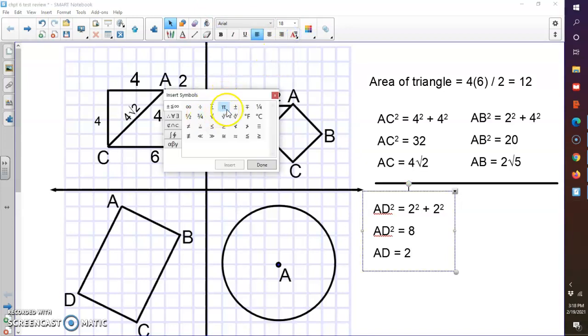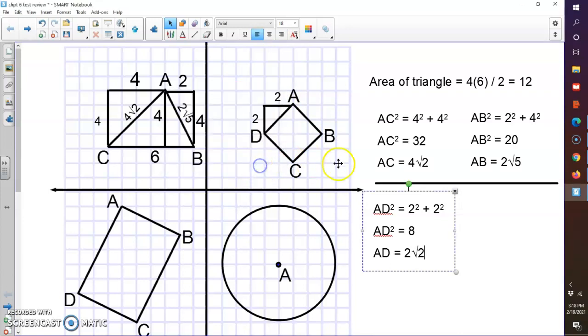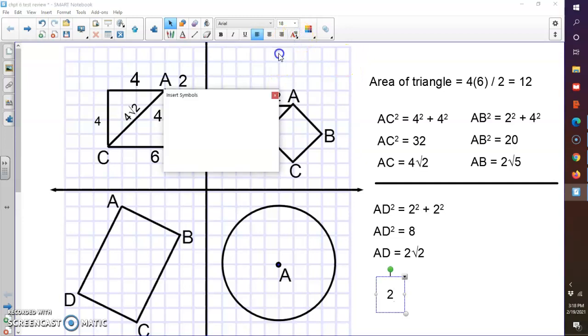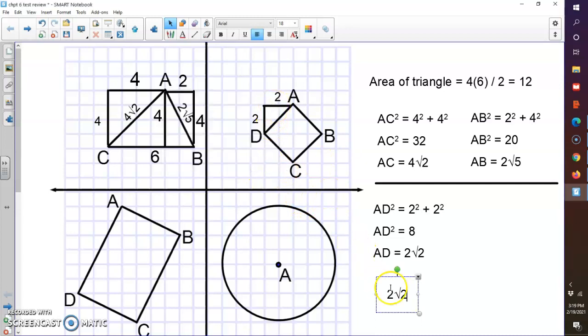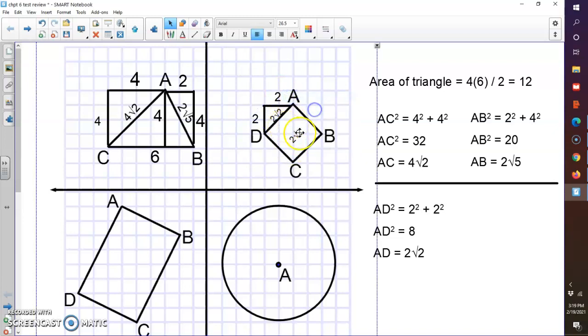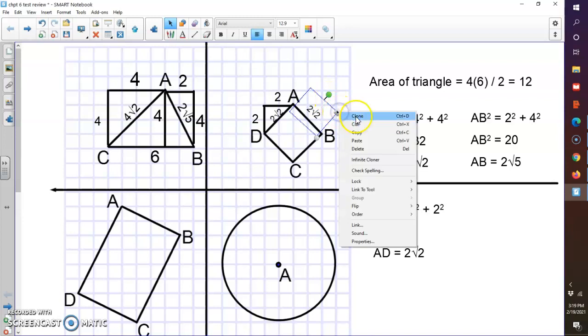And since it's a square, we know all 4 sides have to be 2 root 2. So I can take my 2 root 2 over here and make it even a little bit smaller so I can fit it. And now this length here is 2 root 2. This length here is 2 root 2. This length here is 2 root 2.